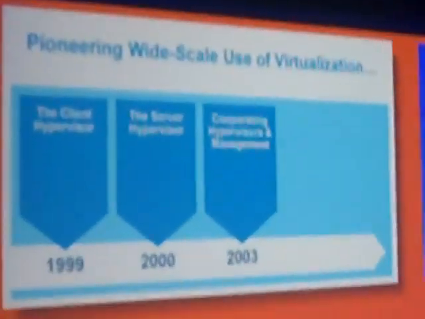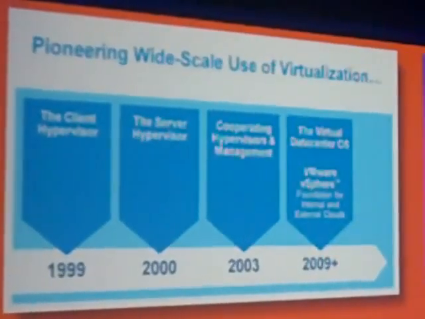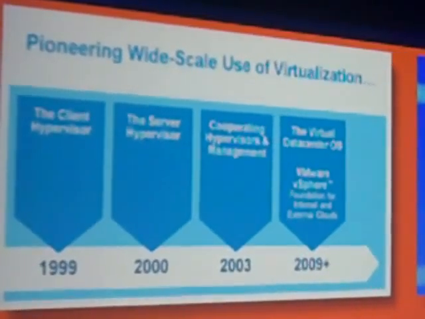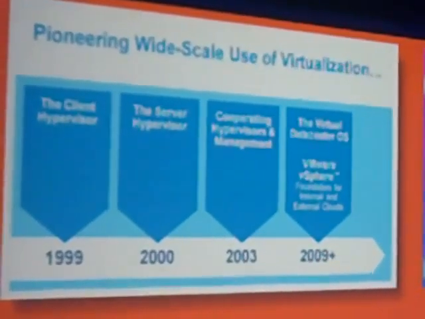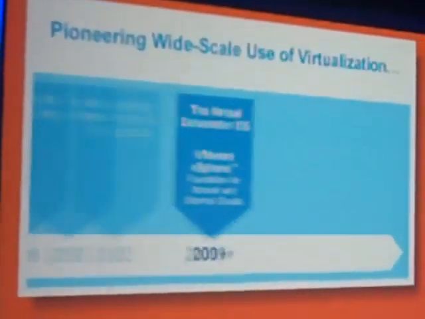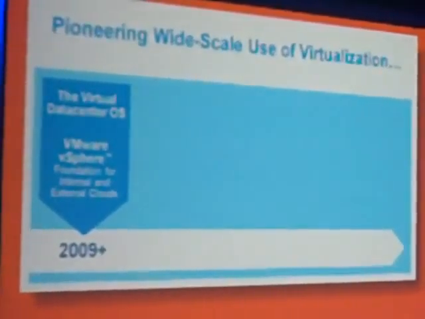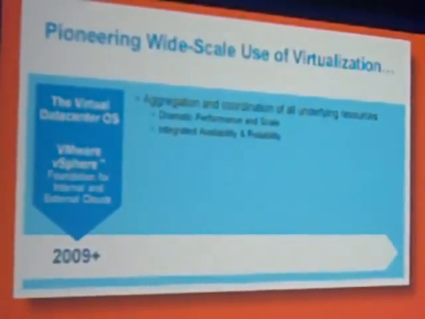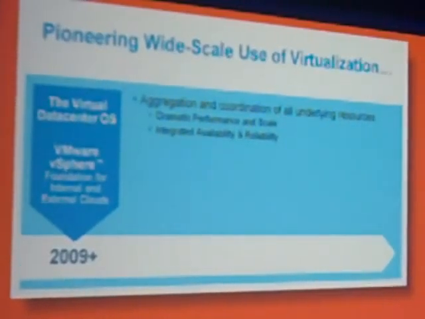So the next big step then, beyond where we were in terms of cooperating hypervisors, is to get that broad virtualization layer to knit together to become this common substrate on which we can provide IT as a service. So starting this year, we will have our vSphere generation that provides aggregation and coordination of all the underlying resources.